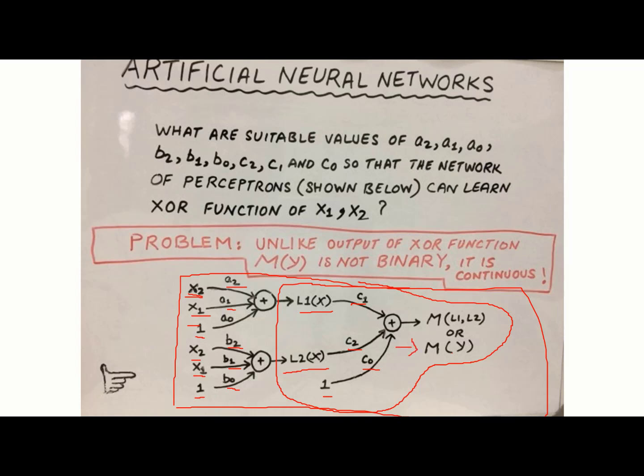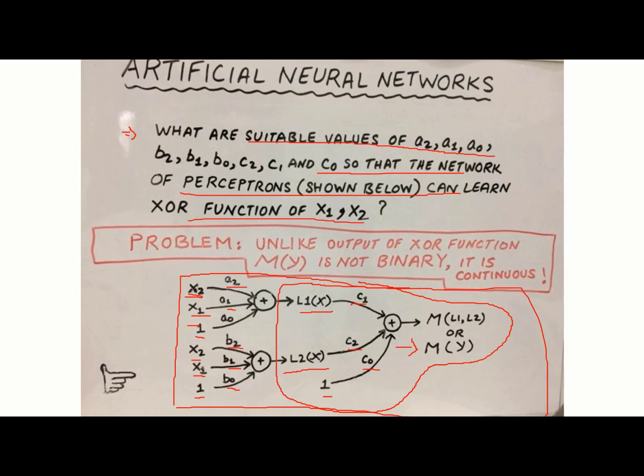And later on we shall extend this diagram to form artificial neural network building blocks. But before that, we need to fix certain things. The basic problem is that we wish to learn suitable values of these coefficients a2, a1, a0, b2, b1, b0, c2, c1, and c0, so that the network shown below can learn the unknown function, which we know is an exclusive OR function, x1, x2 in this example.